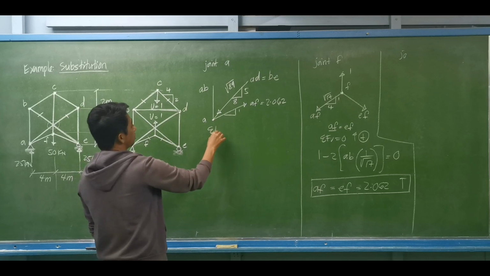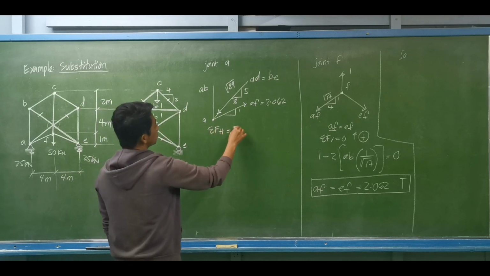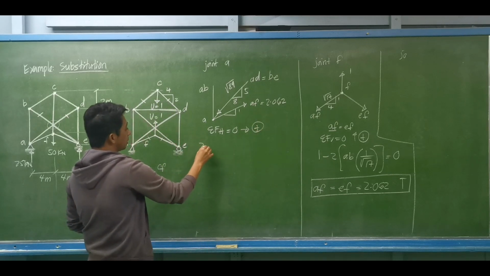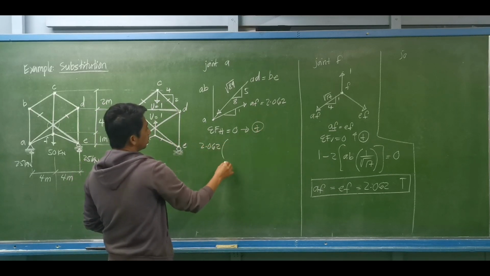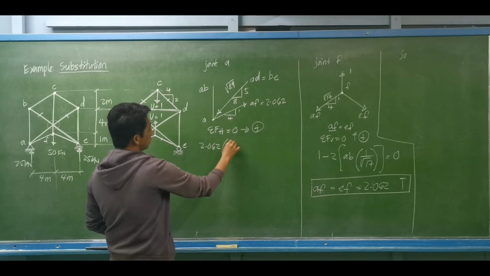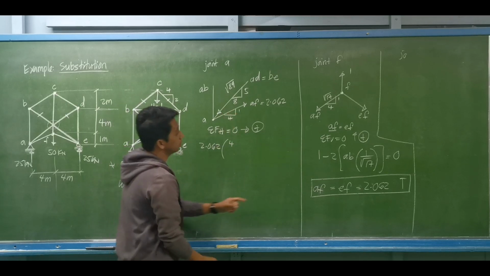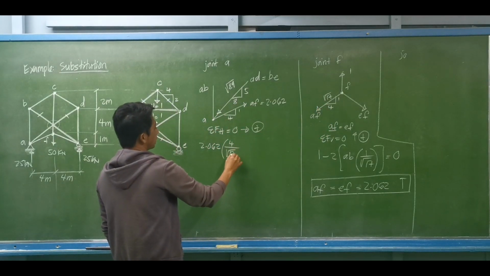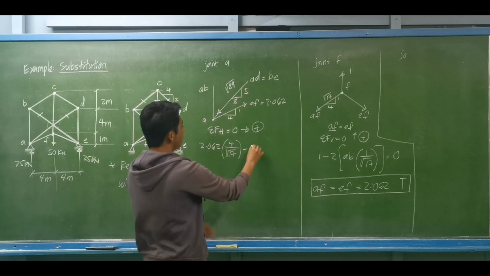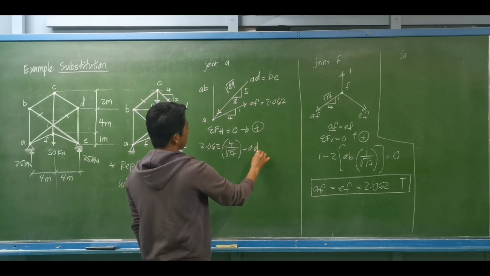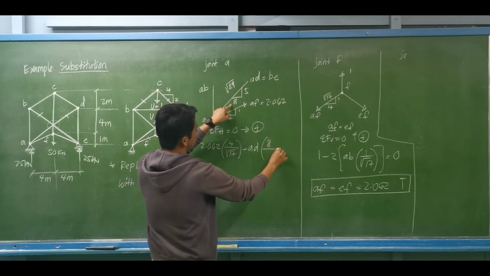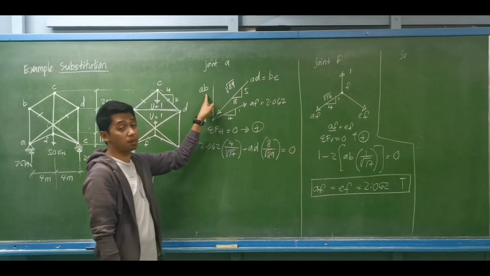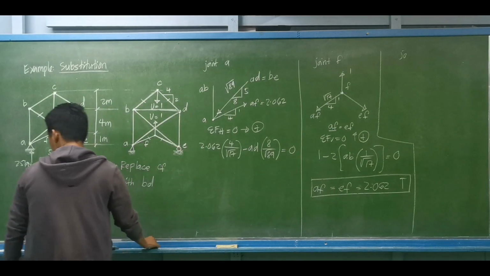So we'll be having the summation of forces, horizontal equal to 0, to the right forces to be positive. Horizontal component of 2.062, the horizontal component is 4 over the square root of 17. So 2.062 times 4 over the square root of 17, minus AD. Horizontal component of member AD is 8 divided by the square root of 89, equal to 0. So we do not include AB since that is purely vertical.